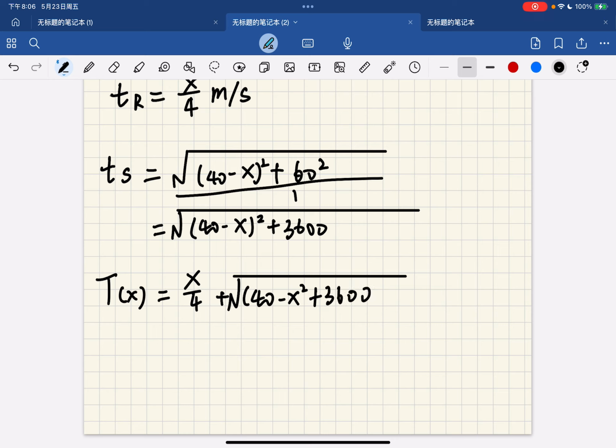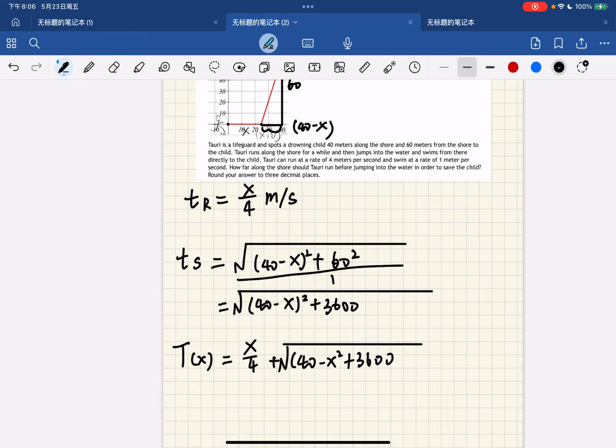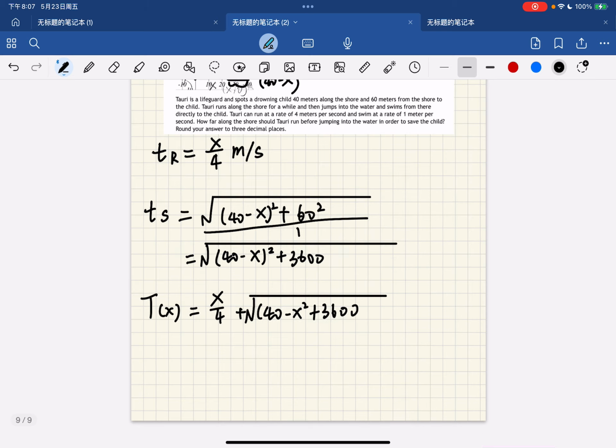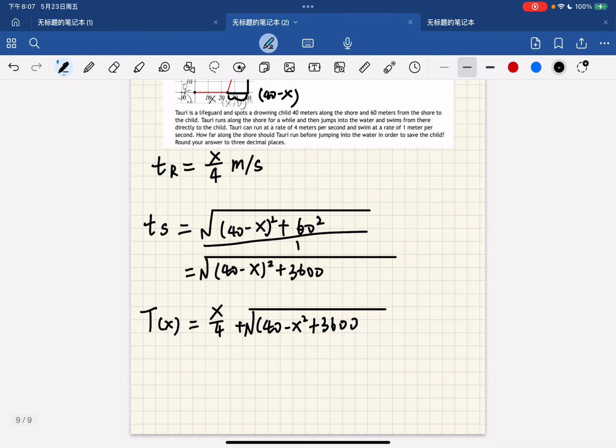So right now we need to find the critical point, because the minimum of the time will show up at the critical point. We need to find the first derivative of T(x).